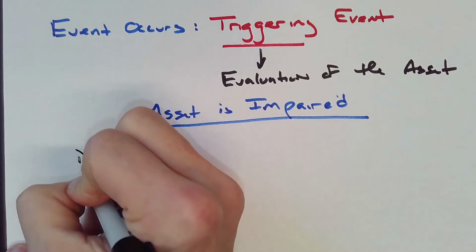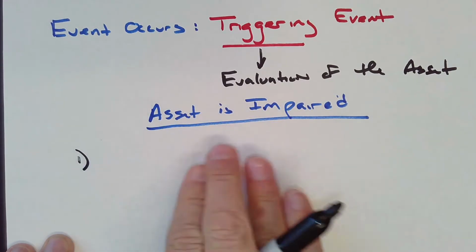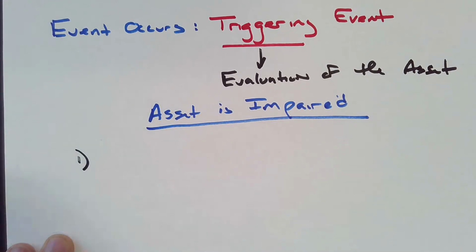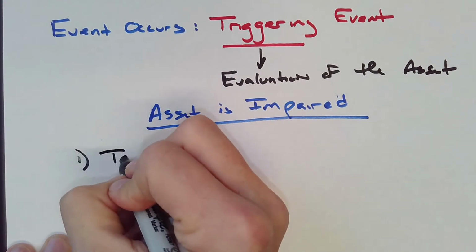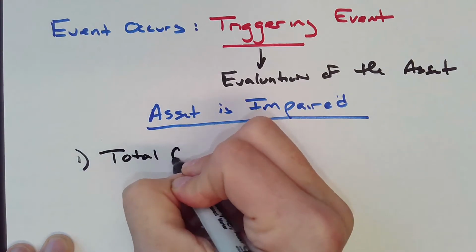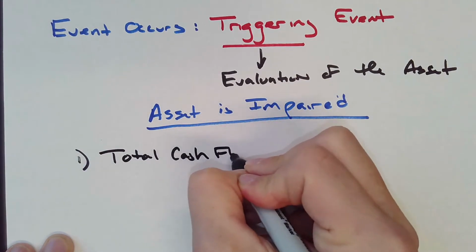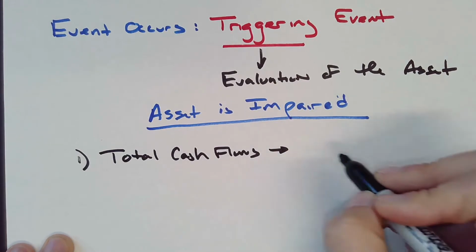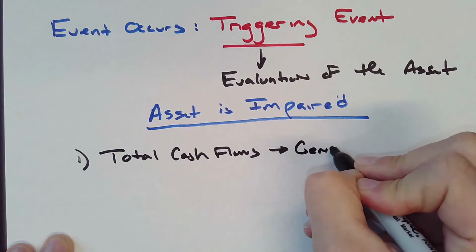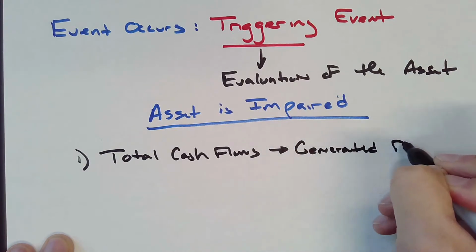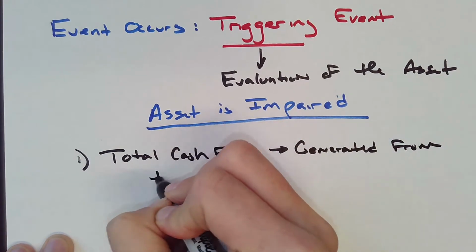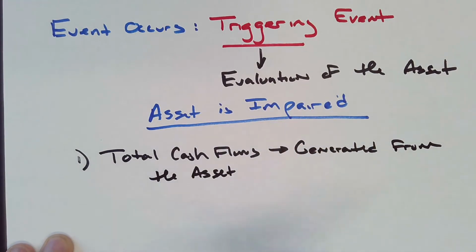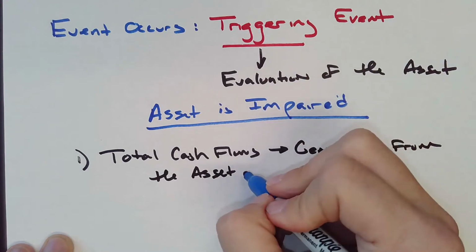The first step is we're going to look at this asset, whatever it is, and we're going to evaluate the gross cash flows, the total cash flows that will be generated from the asset, and we're going to do a comparison.